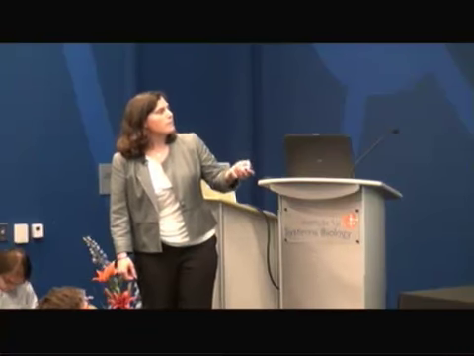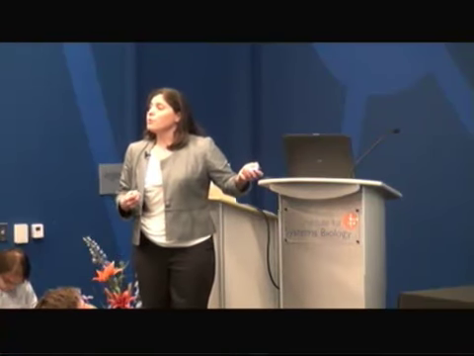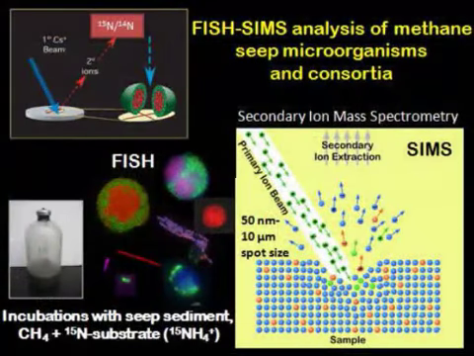And so you can get information on essentially the abundance of 15N to 14N or other types of elements. And the secret here is we can focus this primary ion beam size down to 50 nanometers or 10 microns depending on the instrument. So you can actually get subcellular information in some cases of individual cells.